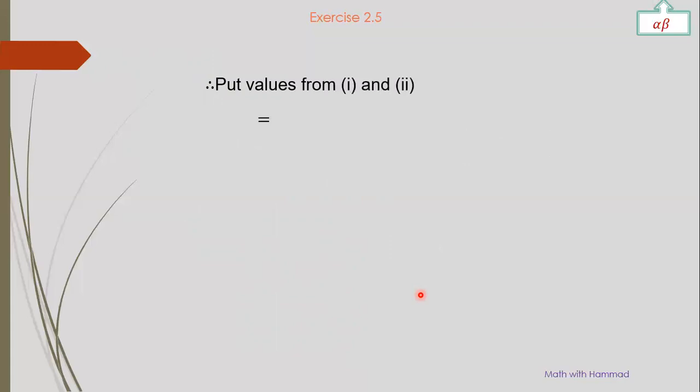We have 2 plus 3 whole square minus 2 into 6 divided by 6. 3 whole square means 9 minus 12. 9 minus 12 is minus 3, and minus 3 by 6 is minus 1 by 2. So P is equal to 2 minus 1 by 2, and after taking the LCM we have 3 by 2.